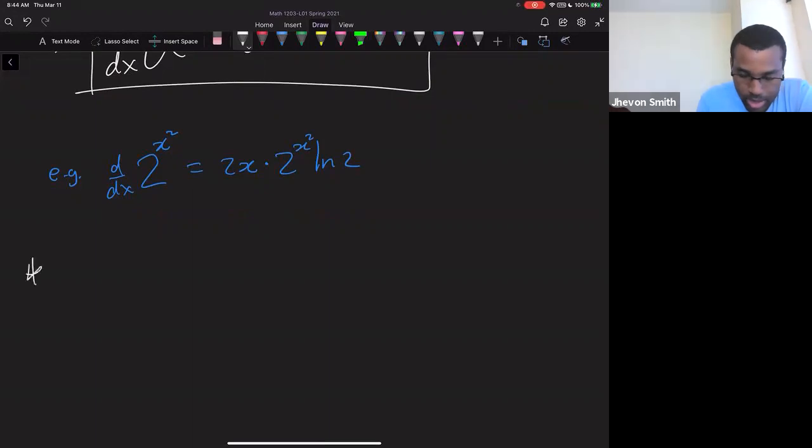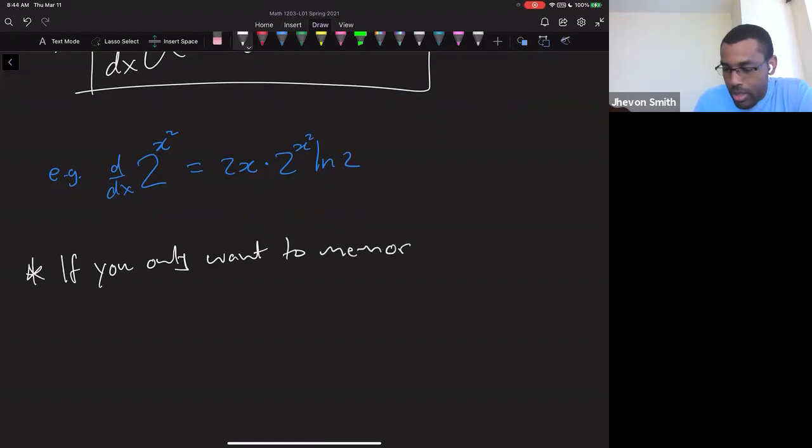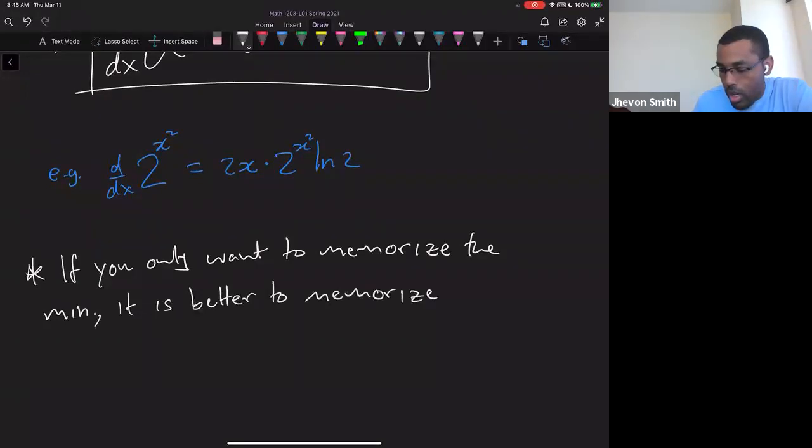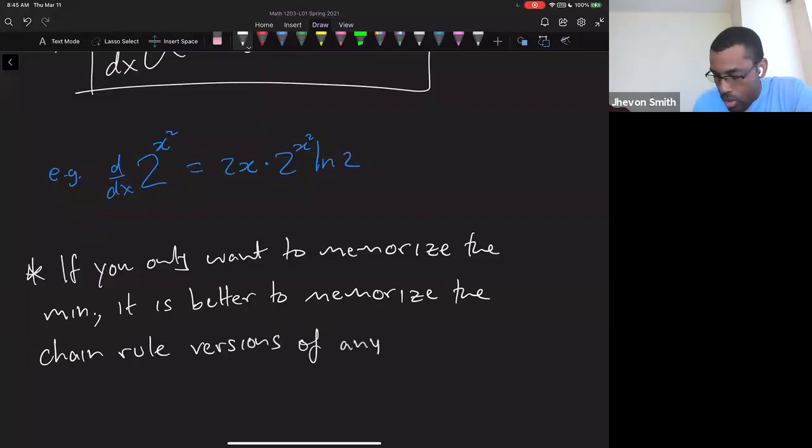What else do I want to say? Well, if you only want to memorize the minimum, it is better to memorize the chain rule versions of any given rule.